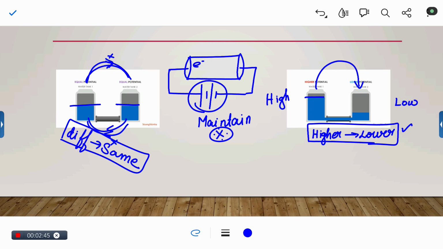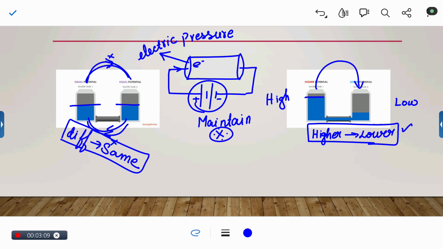Battery. The larger line is called positive and the smaller line is called negative. Once it is connected like this, what will happen? A certain amount of electric pressure will be created at the ends of the conductor.